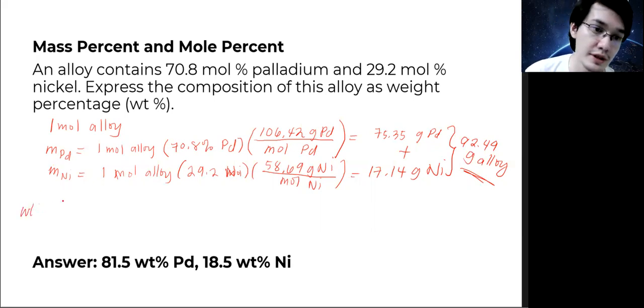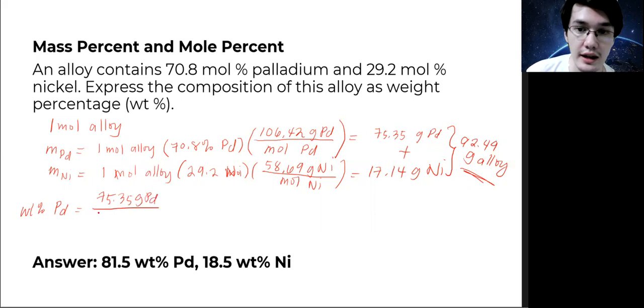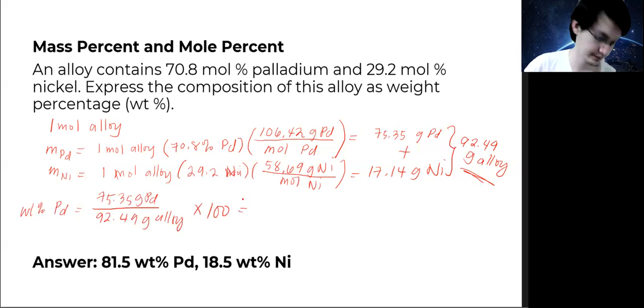So weight percent of Pd is equal to 75.35 grams Pd, and the total mass, 92.49 grams alloy, times 100.